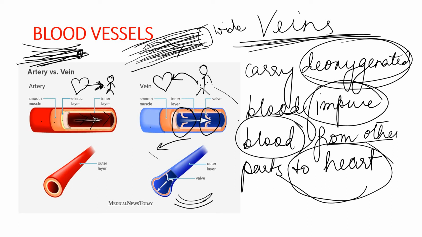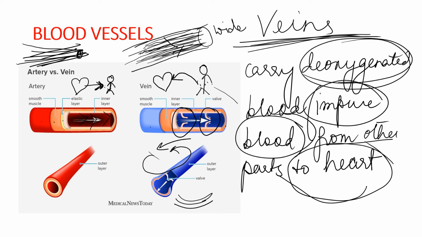It goes to the heart, gets purified, and then again reaches our body. Then again all the wastes and impurities come up to the heart. This is the process. It goes on in a cycle in this way.